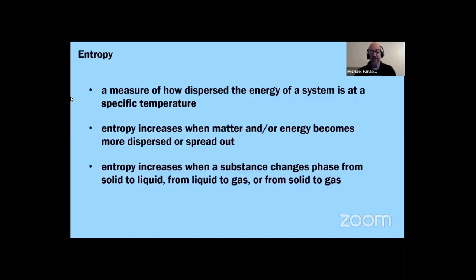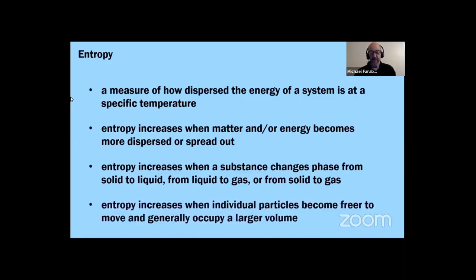Entropy increases when a substance changes phase from a solid to a liquid, from a liquid to a gas, or from a solid to a gas. Again, all of those phase changes would increase entropy as the particles become more dispersed and spread out. And entropy increases when individual particles become freer to move and generally occupy a larger volume.